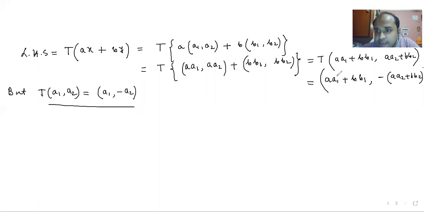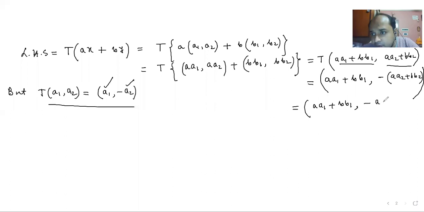Why? Because in this case, this is your first coordinate and that is your second coordinate. First coordinate remains same, second coordinate is preceded by a minus sign. So we can write it as (a1 plus b1, minus a2 minus b2).